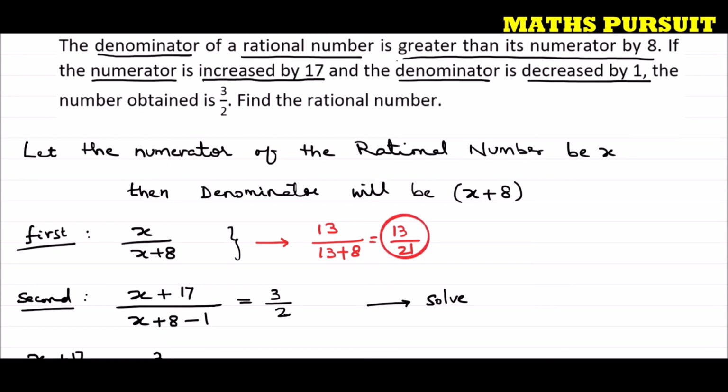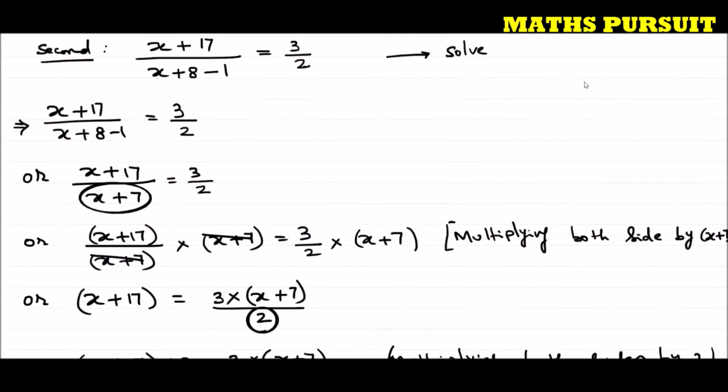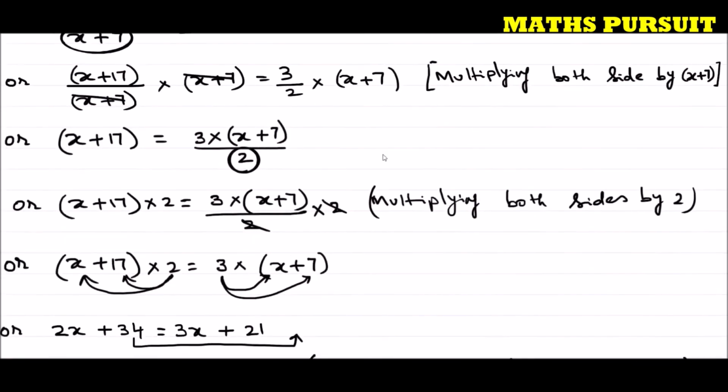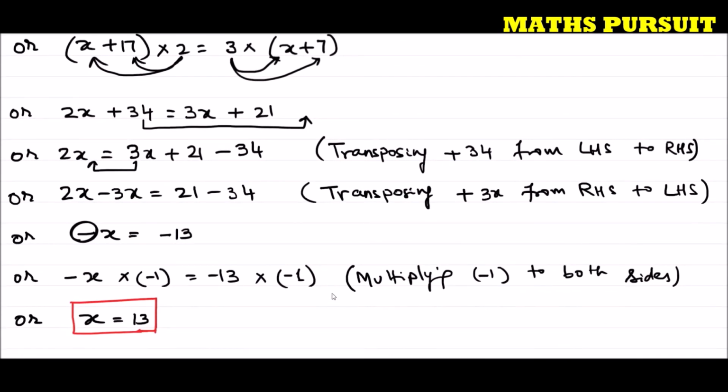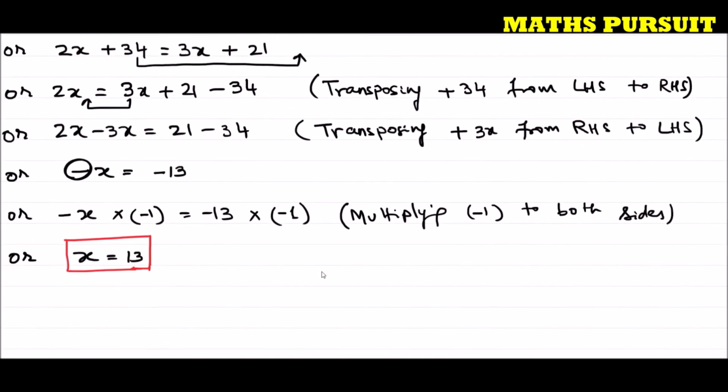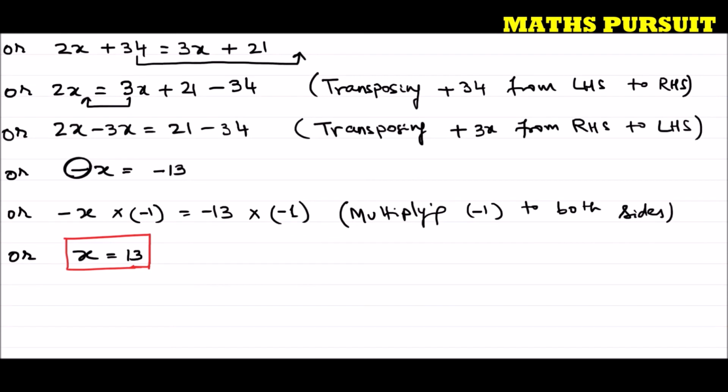So this is the rational number. Hence we can write our concluding answer, because the question asked us to find the rational number. So we can write our concluding answer saying that the rational number that we got is 13 upon 21.